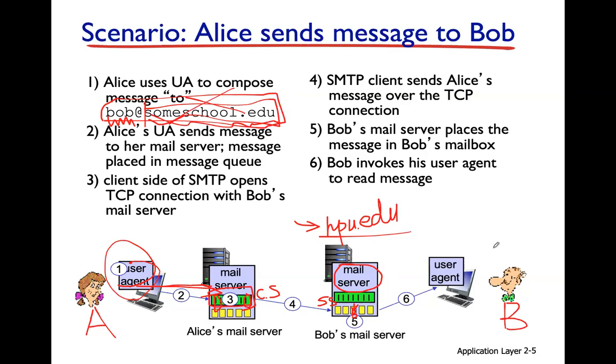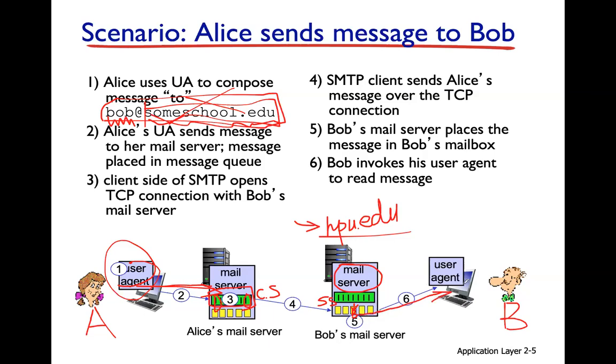So after a while, Bob logs in using his mail agent, like Outlook or others, like Google Mail. Then it will connect to the mail server, and the mail server will say, hey, there's a new message for you.